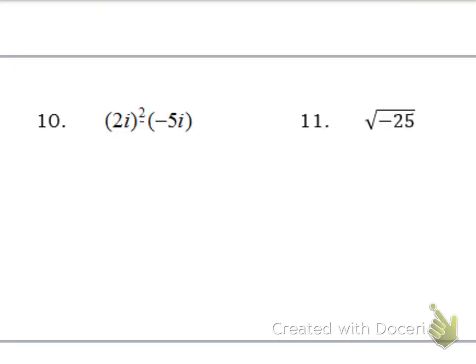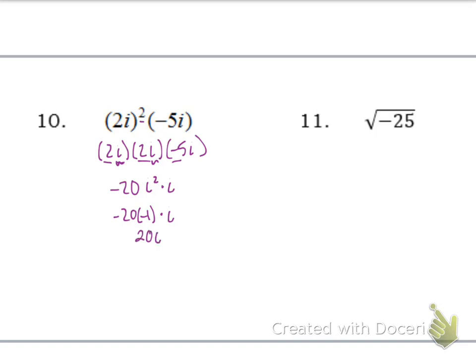Okay, my square tells me there are 2 of these, so I'm going to go ahead and write it out twice. And then multiply all my coefficients. So 2 times 2 gets me 4, times -5 gets me -20, and then I group them in 2's, so I've got i squared times i, because I can change that i squared to a -1 pretty easily. So -20 times -1 is a positive 20i, and that i is just going to have to sit there.